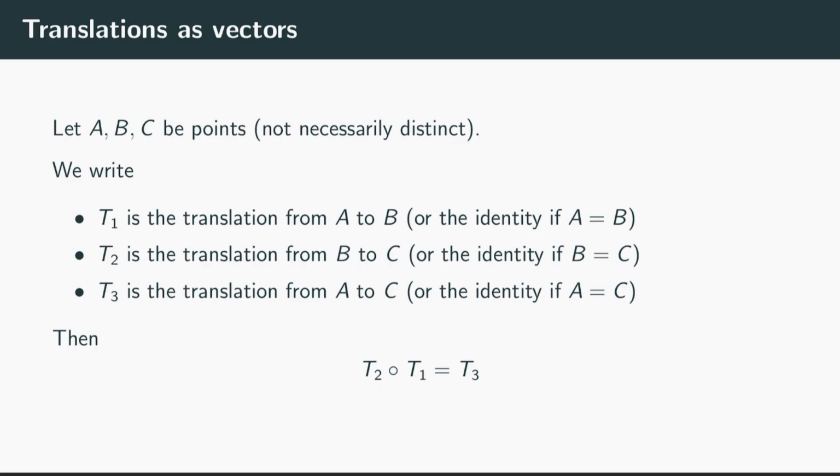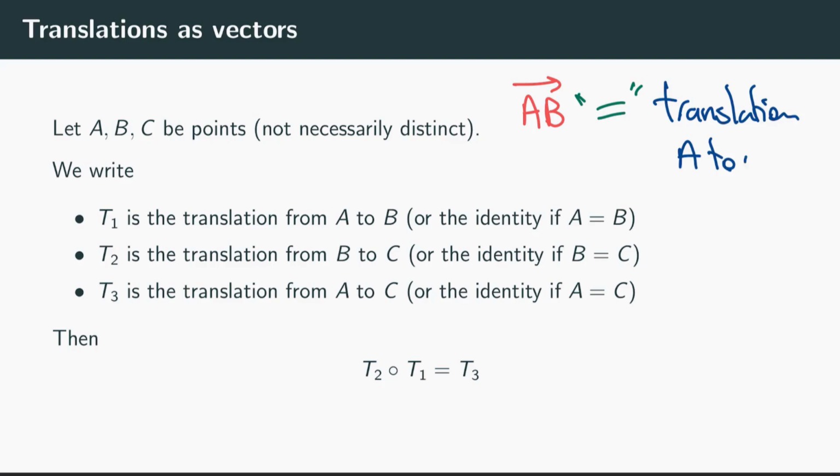So if I think of a vector, for instance, the vector AB, I want to think of this as being essentially the same thing as, so I'm writing an equal sign, but I don't mean equal, so I'll put it with maybe some quotation marks, the translation that sends A to B.